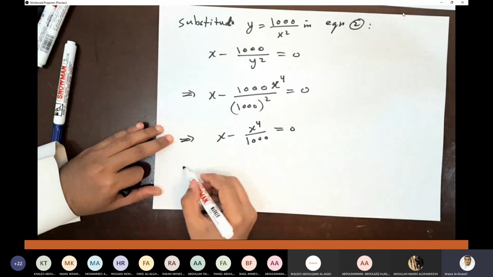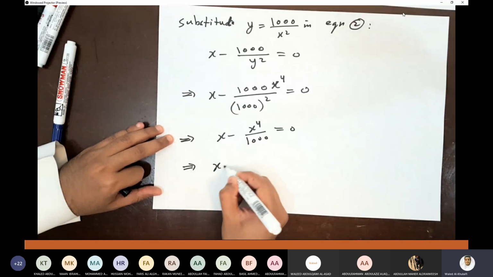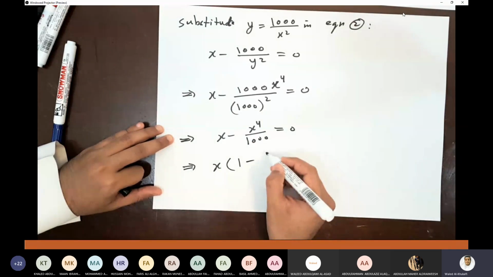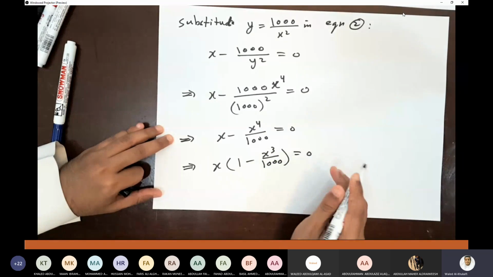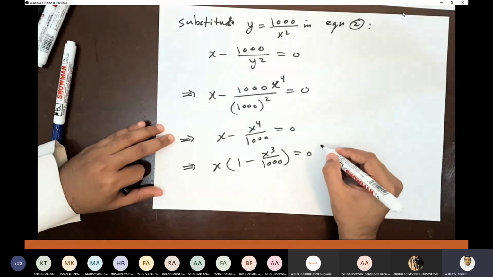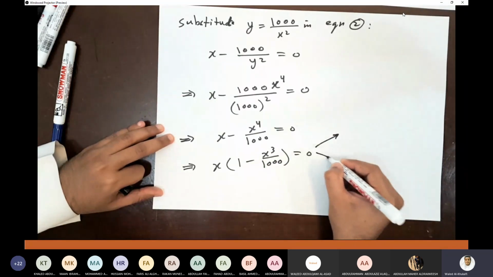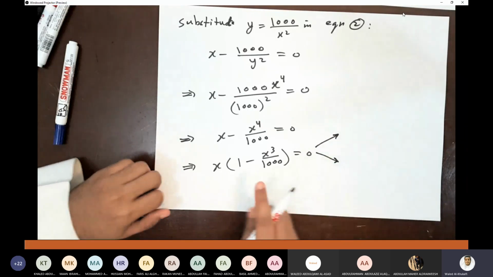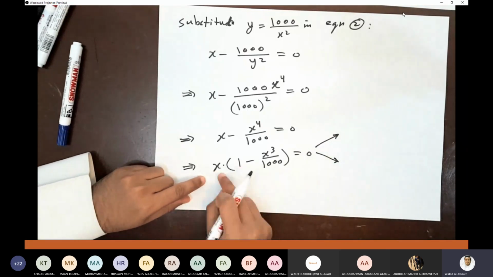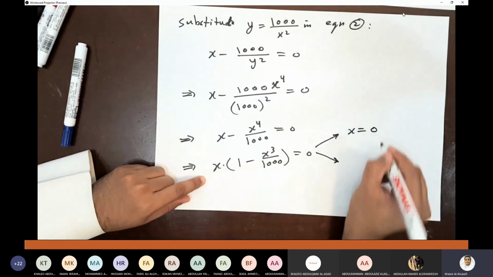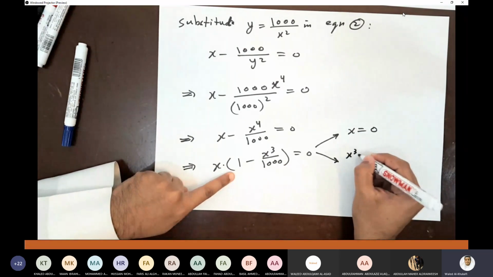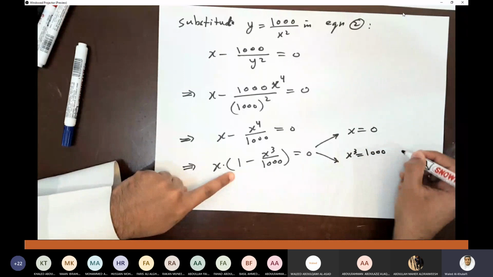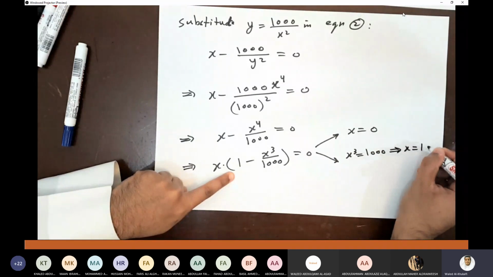So now you have an equation in x. You can take x as a common factor, so it becomes x times 1 minus x cubed over 1000 equal to 0. Now here you have two situations, because you have a product. Either this will be equal to 0, or x cubed becomes 1000, which means that x equals 10.